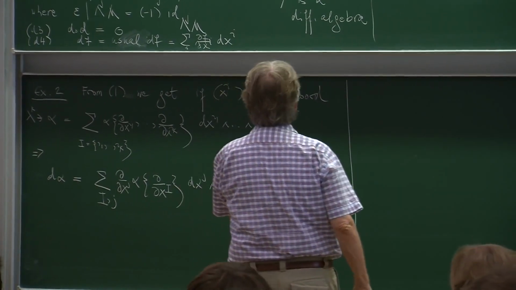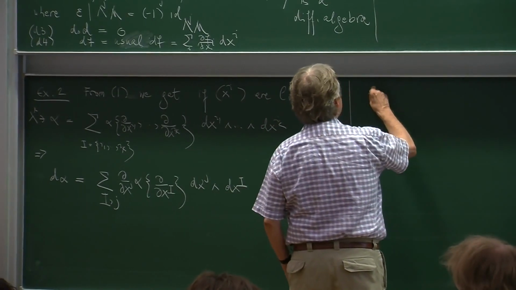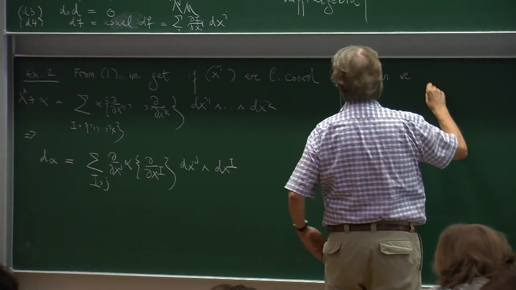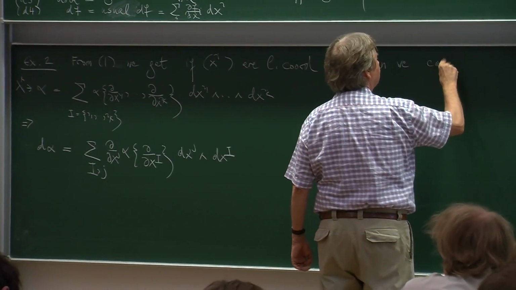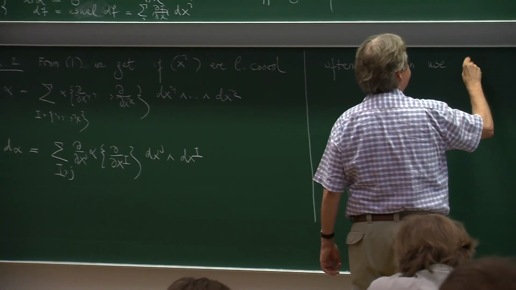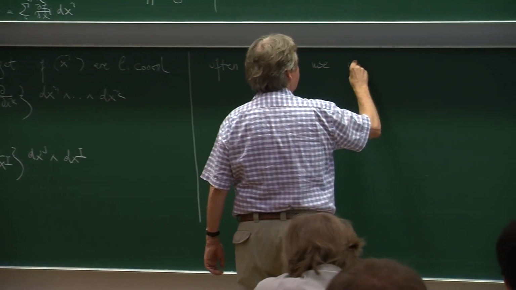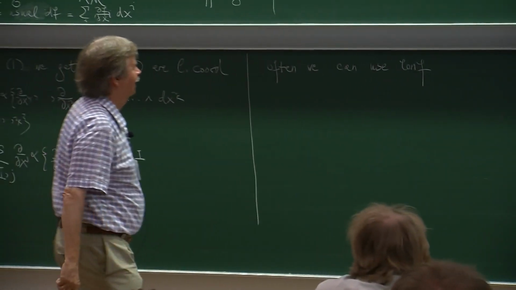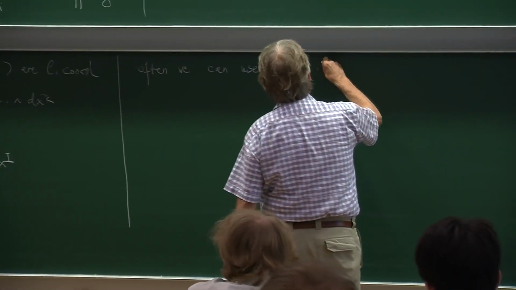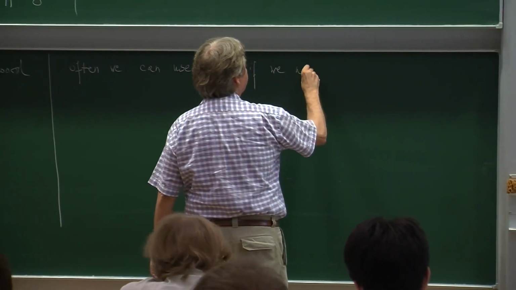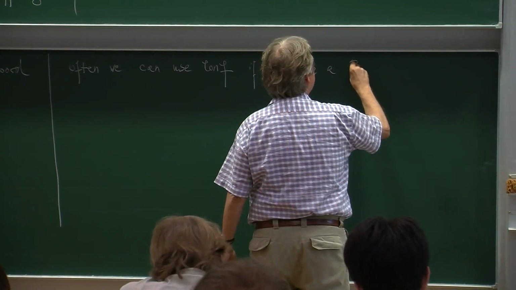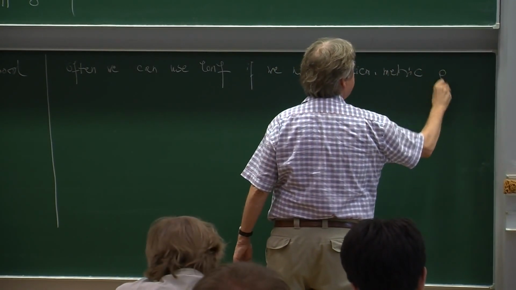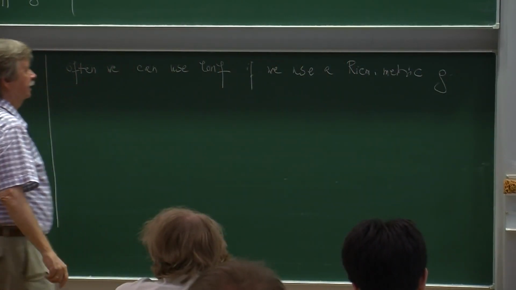Very often, it is necessary to use not coordinates, but frames. And these are also frames, but we use orthonormal frames, local orthonormal frames, which is called a LONF. Yeah? If we use a metric, a Riemannian metric g. Okay.